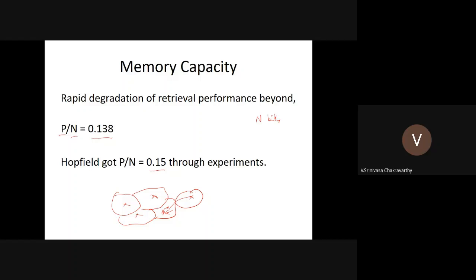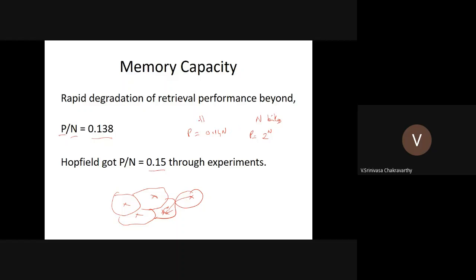In a computer, if I have n bits, that will give me 2 power n different vectors, which is very high, whereas a p/n ratio of 0.138 is basically p approximately 0.14 times n.